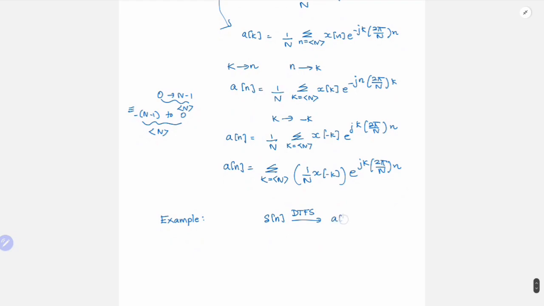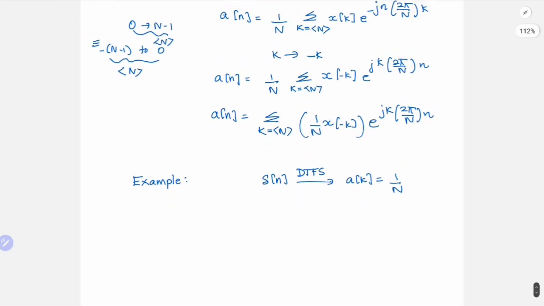So my a of k is going to be equal to 1 by n, which is constant. This is periodic in n, and delta of n is also periodic in n. This is anyway constant, so it can be periodic in anything, so I'll assume that it is periodic in n.